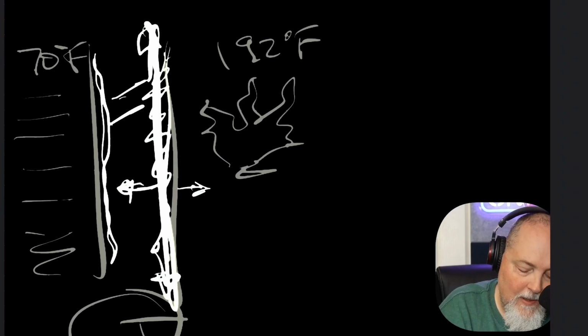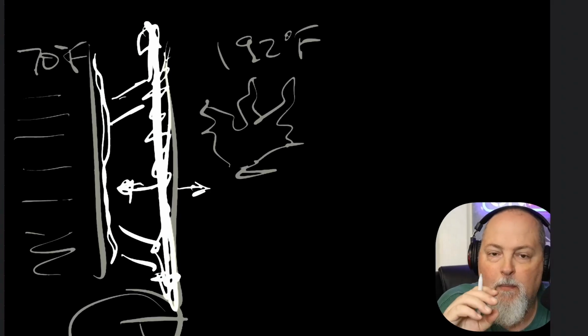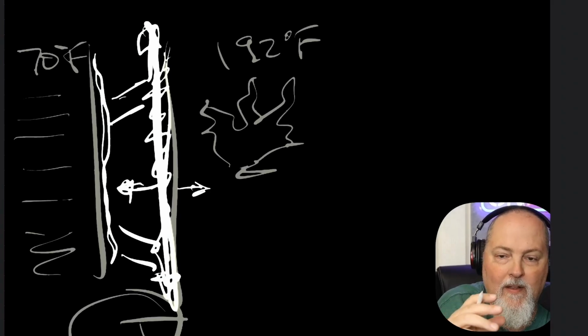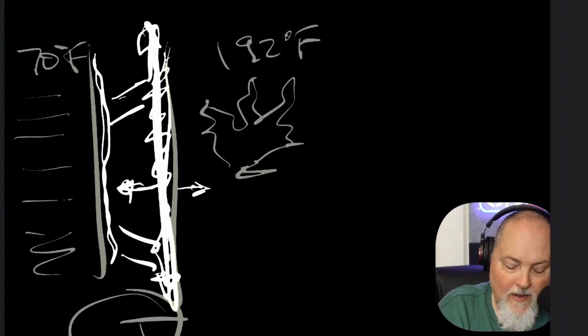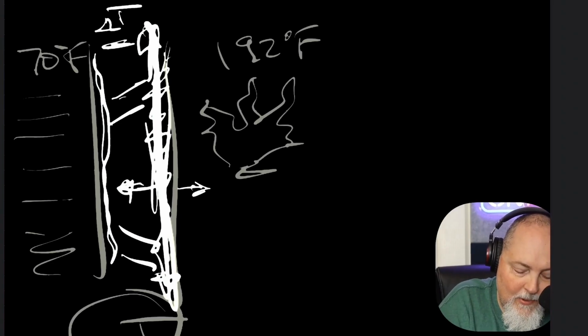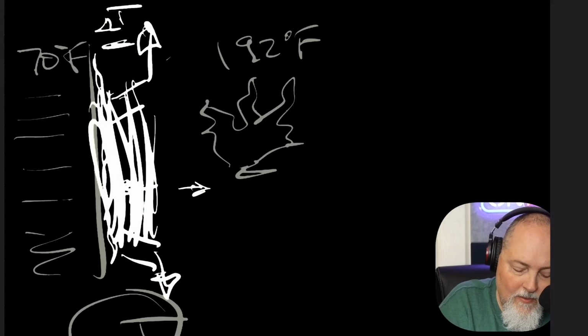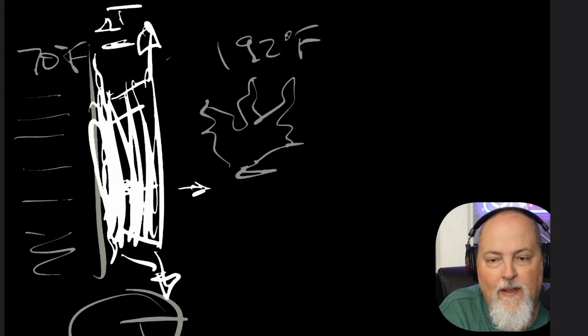And so you develop stress as the inside of the cup tries to expand and the outside of the cup tries not to expand, until that difference in temperature evens out and the temperature is slowly transferred through all the layers. And then you have similar temperatures on the inside and the outside.